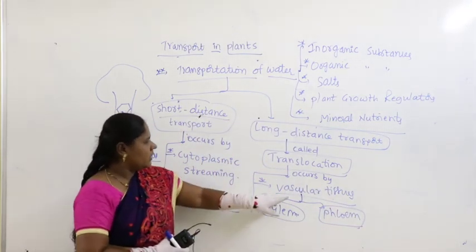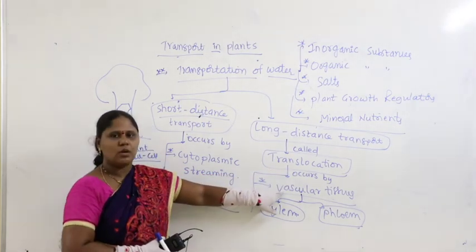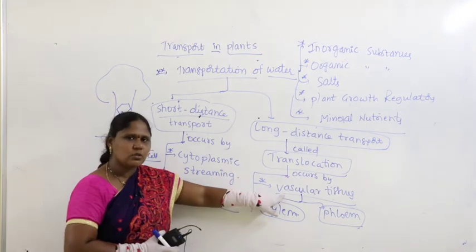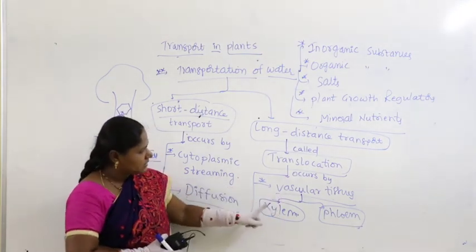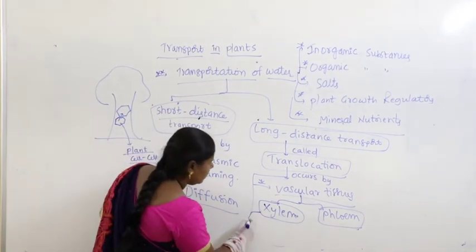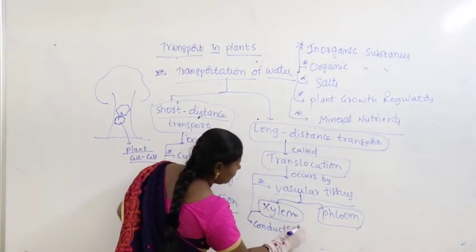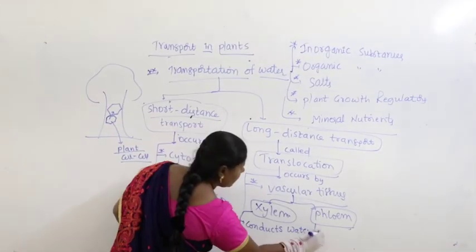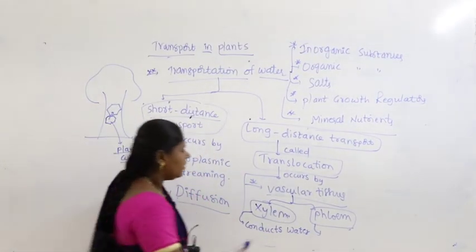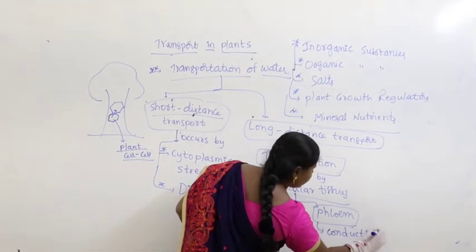Translocation occurs by vascular tissues. Vascular tissues are nothing but xylem and phloem. Xylem conducts water. Phloem is the one which conducts food.